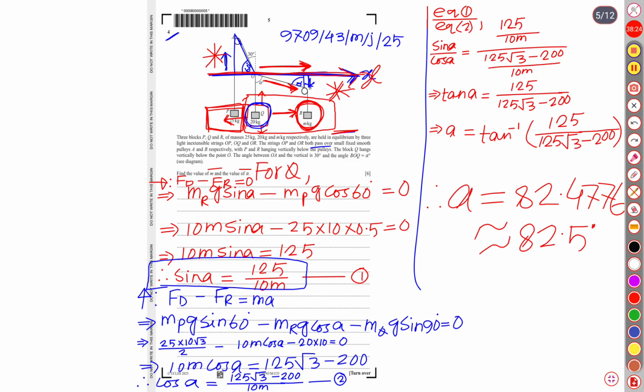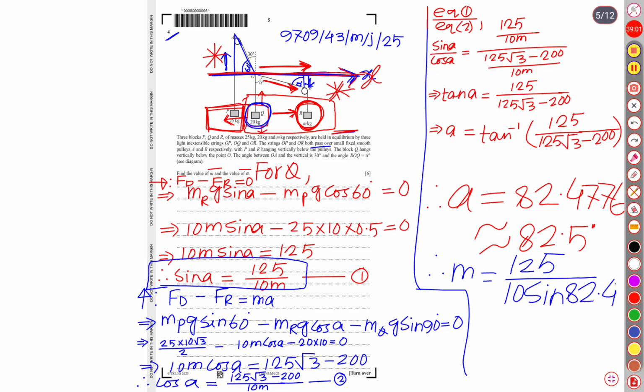Hence m is equal to 125 over 10 sine alpha. How much is alpha? Alpha is 82.477.